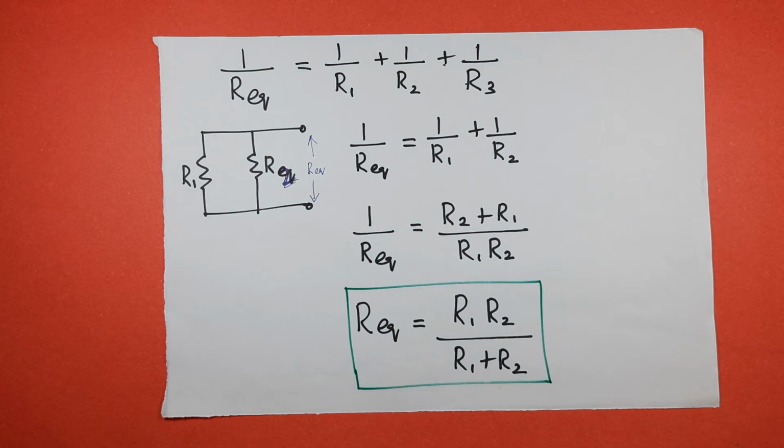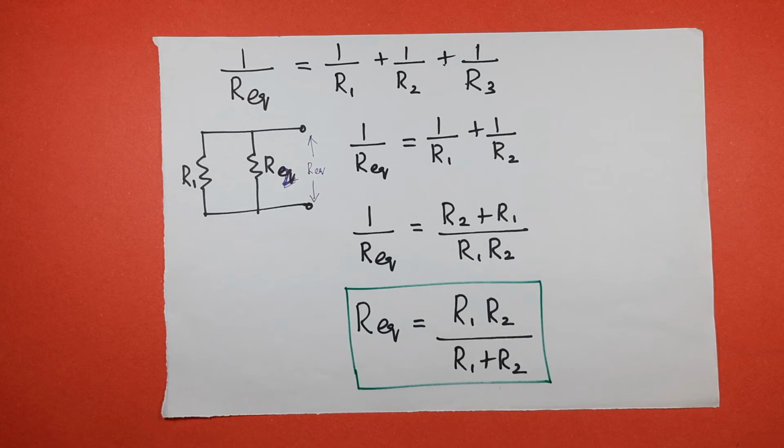R equivalent equal to R1 R2 divided by R1 plus R2. You have to remember this formula. When two resistors are connected in parallel, their equivalent resistance is R1 R2 divided by R1 plus R2. That is, multiply the resistors in the numerator and add the two resistors in the denominator.